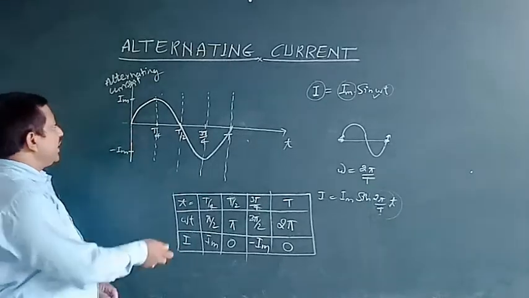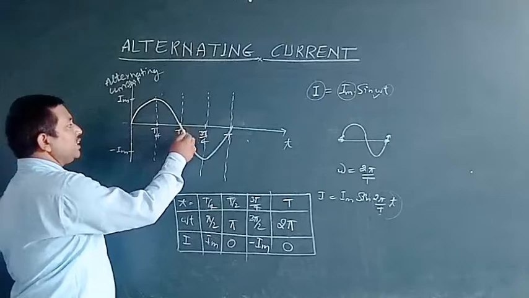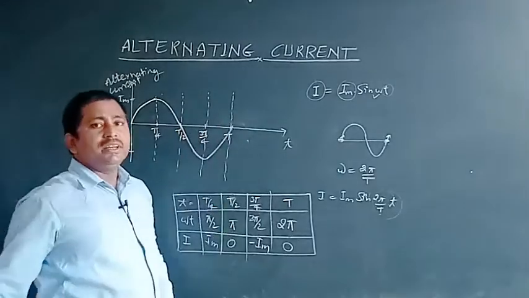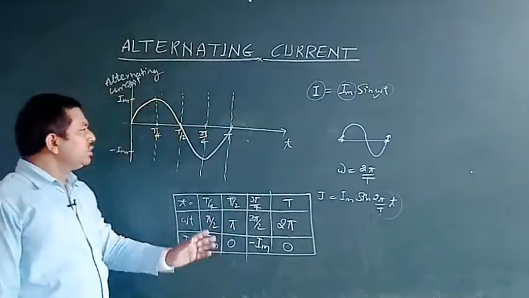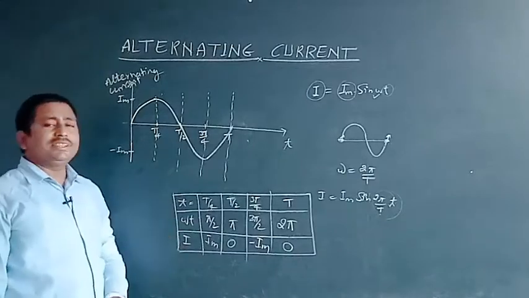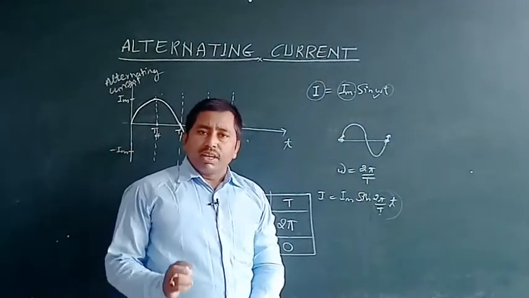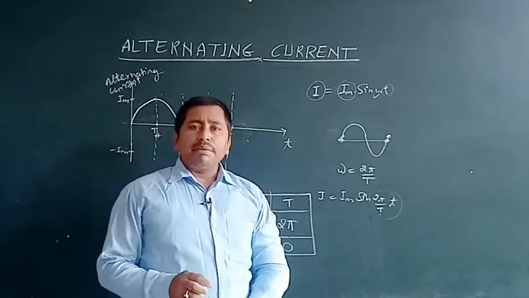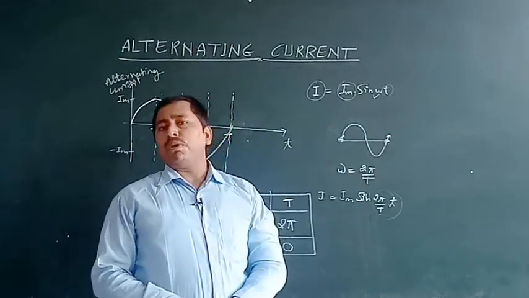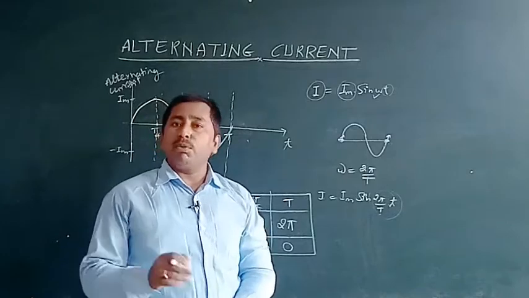One time it is in the positive region, and other time it is in the negative region. Okay, so this is the basic concept of the alternating current. As we all know, the alternating current can be produced with the help of an alternating voltage source.